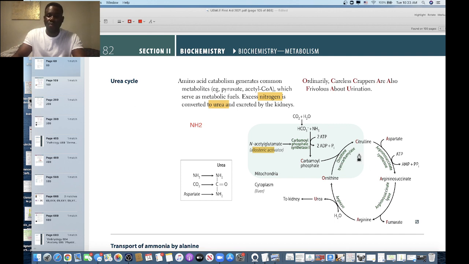That's the most common one. If you don't know the answer, it's most likely to be the answer. Ornithine transcarbamylase is most likely to be the answer. So take note of it. All right. Now, let's look at how it will look like.